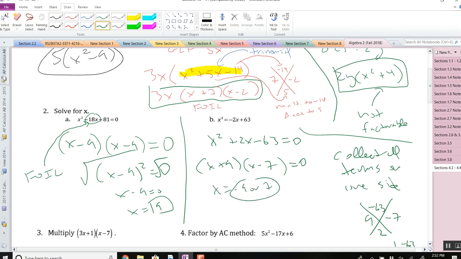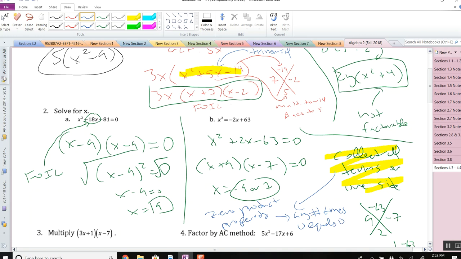So the reason why we had to collect all terms on one side is that we're doing something called the zero product property, which I'm going to ask a question about on the Google form. The zero product property, as it implies, is that any number times 0 equals 0, right? So if x is negative 9, guess what?